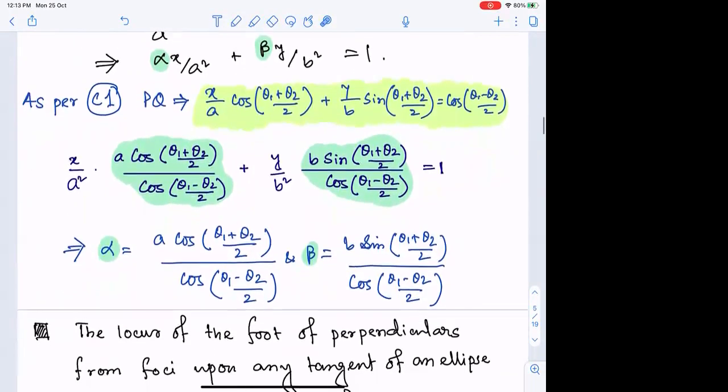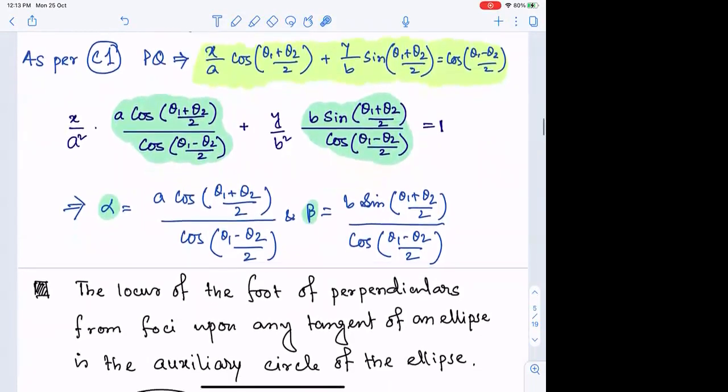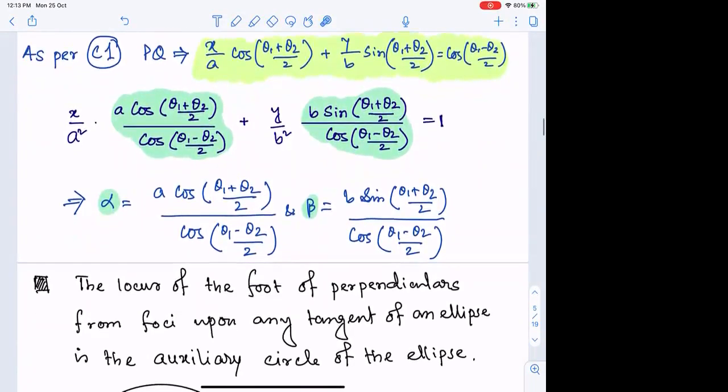Now we will go for some special results. Like the locus of the foot of the perpendiculars from foci upon any tangent of an ellipse is going to be the auxiliary circle of that ellipse. Earlier we have considered the auxiliary circle as the smallest circle to contain the ellipse. That is why we have taken a concentric circle with diameter same as the major axis of the ellipse.